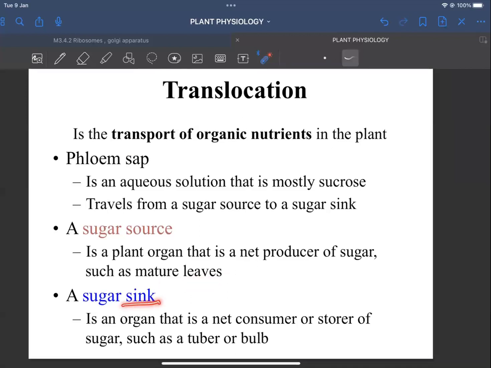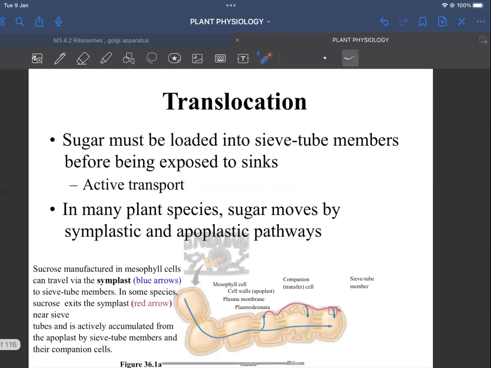And the sugar sink is an organ that is a consumer or storer of sugar, such as the tuber or bulb that we learned yesterday, the modified root, the modified stem. They're going to contain a lot of starch as energy storage.